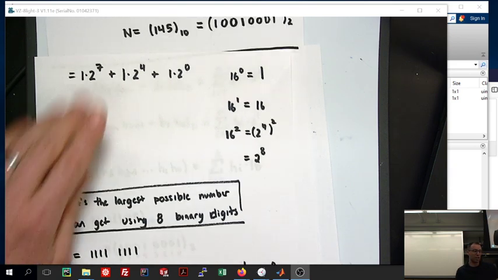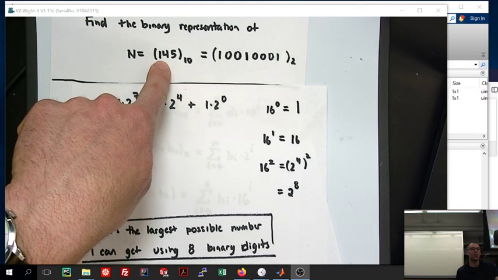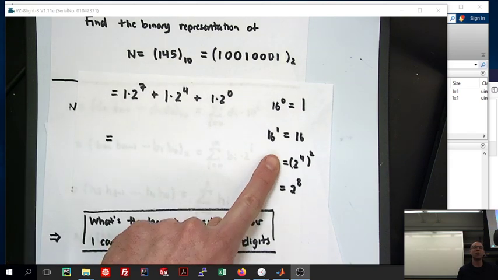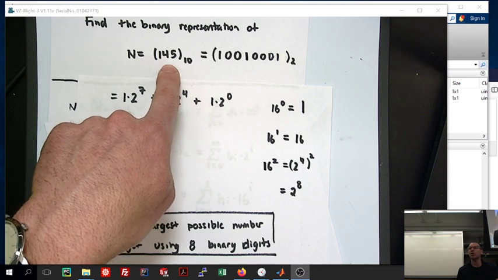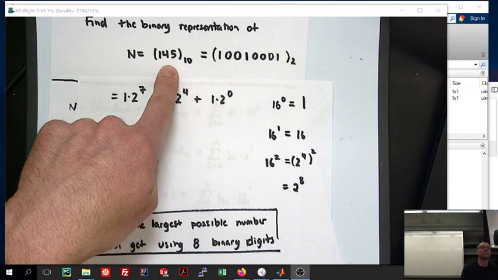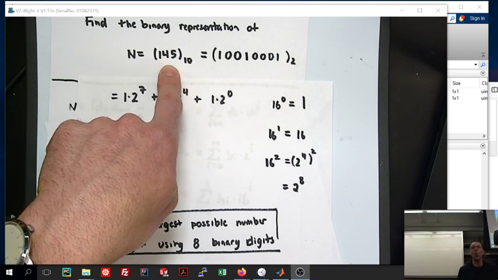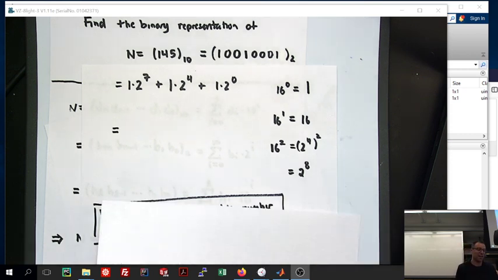So the question is, when I'm thinking about the number 145, what power of 16, what thing can I multiply by 16 to get slightly lower than that number? Or perhaps our same algorithm works again. What did we do in the algorithm associated with powers of 2? Yeah, so would you guess instead of dividing by 2 what we might do?